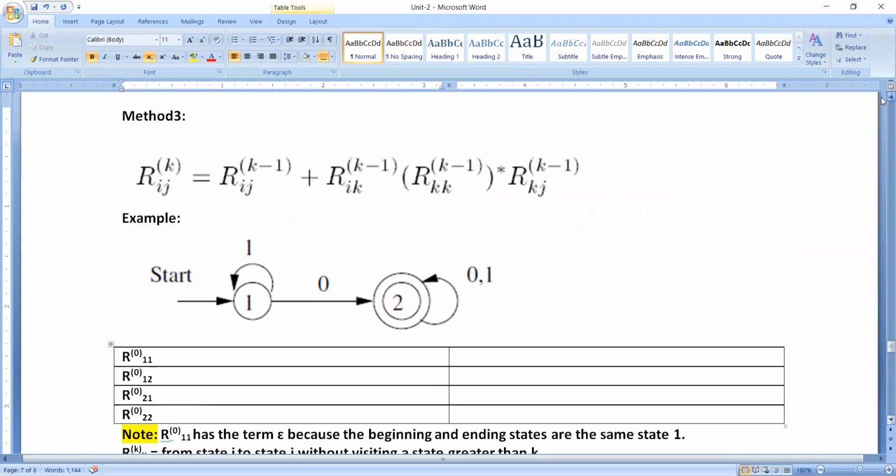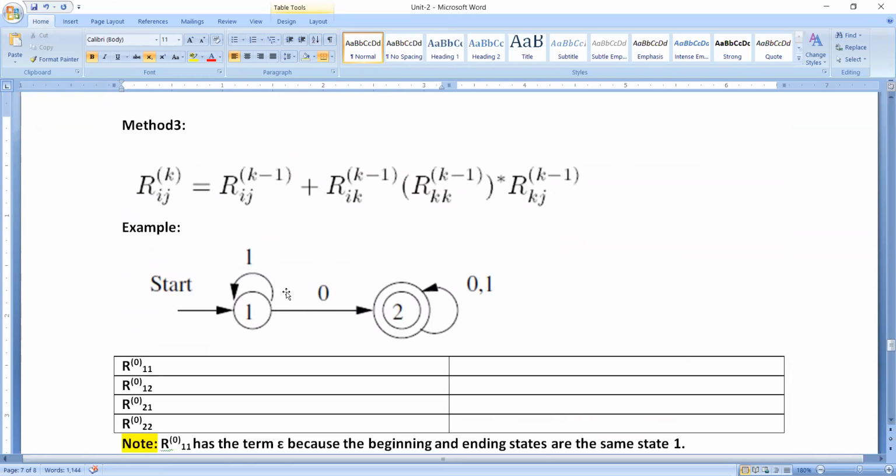Now what we have to do is, please try to understand. Initially, as we have only 2 states available, I am writing 1 1, 1 2, 2 1, 2 2. Suppose if I had one more additional state, a third state, then I might have written 1 1, 1 2, 1 3, 2 1, 2 2, 2 3, 3 1, 3 2, 3 3.